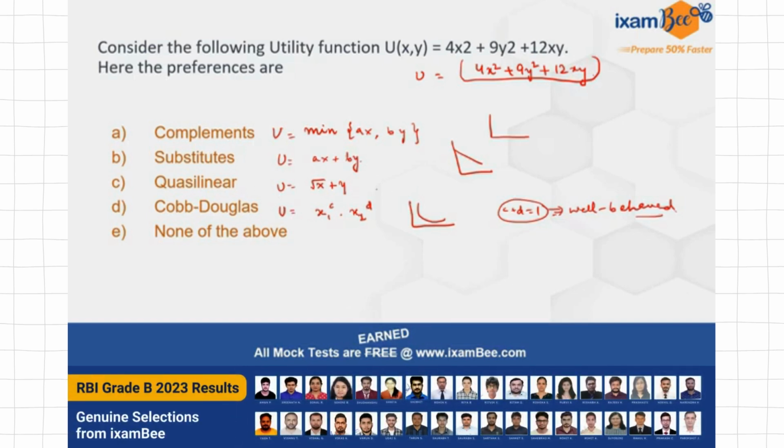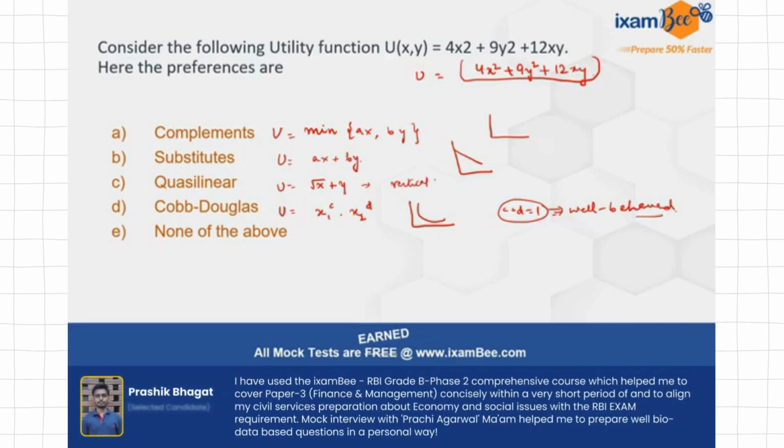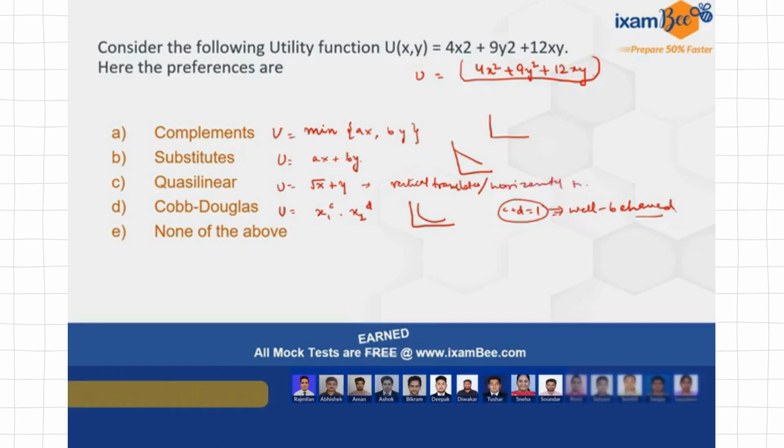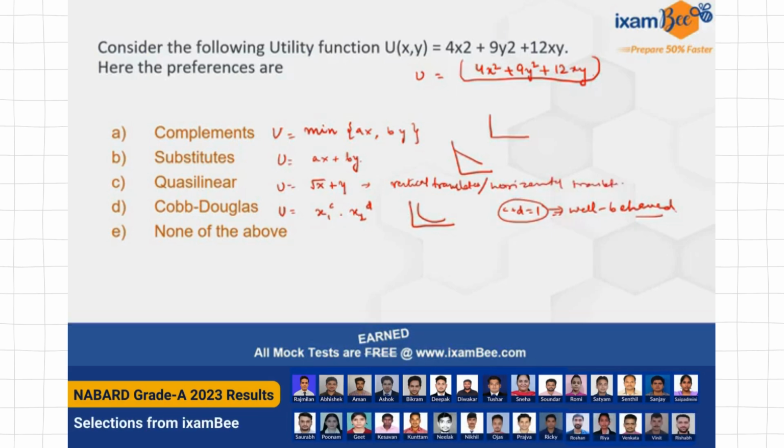And in quasi-linear, what happens is that ICs would become vertical translates or horizontal translates, depending upon which good it is quasi-linear in. It could be either vertical translates or horizontal translates of one another, something like that, right?